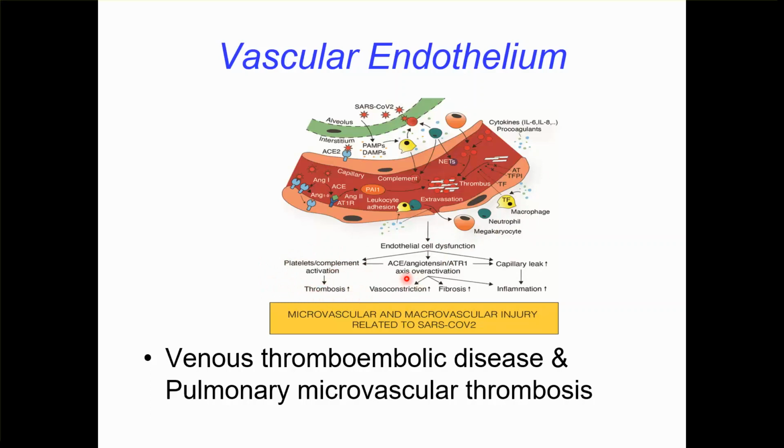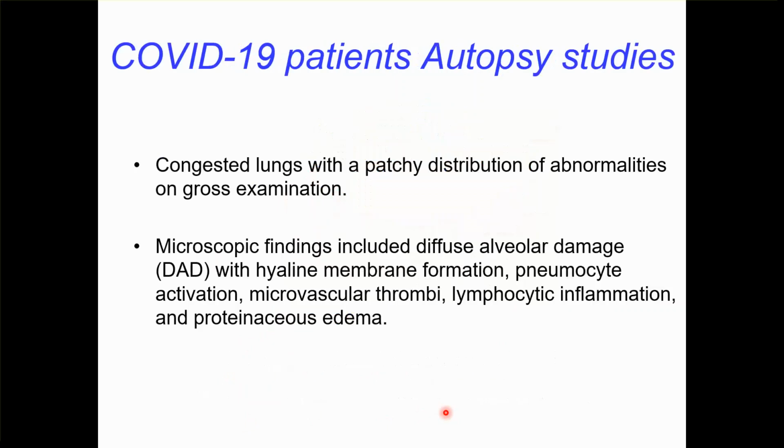The ACE angiotensin ATR1 axis overactivation, which causes capillary leak, increasing capillary leak, which again increases inflammation. This overactivation has caused vasoconstriction and increased fibrosis and increased inflammation. So the macrovascular injury related to the SARS COVID-19 you can see here. There is venous thromboembolic disease and pulmonary microvascular thrombosis.